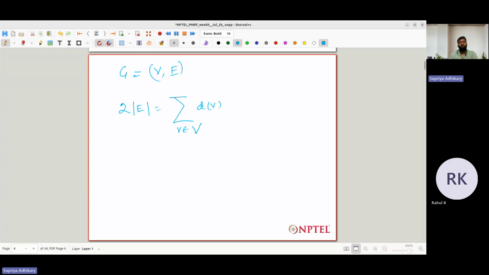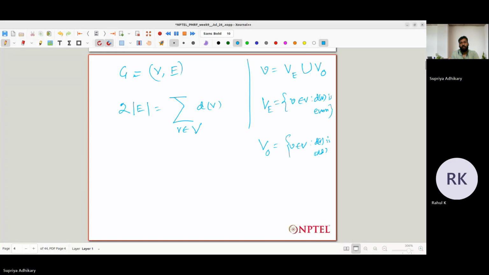Now consider this vertex set to be a union of two sets, VE and VO. VE is all those vertices such that the degree of V is even, and similarly VO is the set of all vertices such that the degree of V is odd. So VE and VO are disjoint sets.